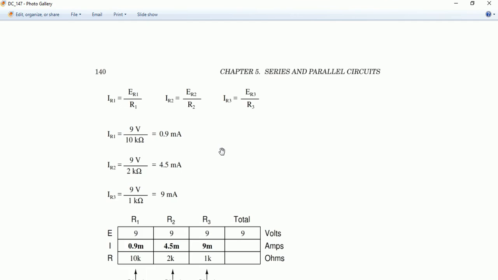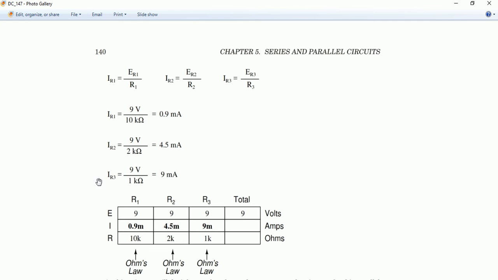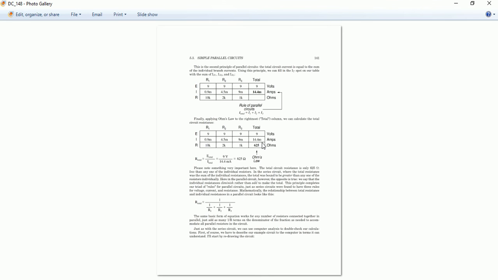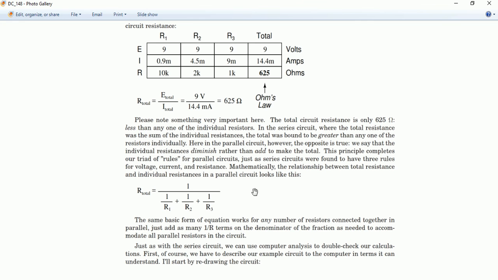So here we see this approach being utilized. 9 over 10k is 0.9 milliamps, similarly IR2 and IR3, and when these are all added we get the total current in the circuit. And this is the standard formula, but I have already discussed the shortcut method.